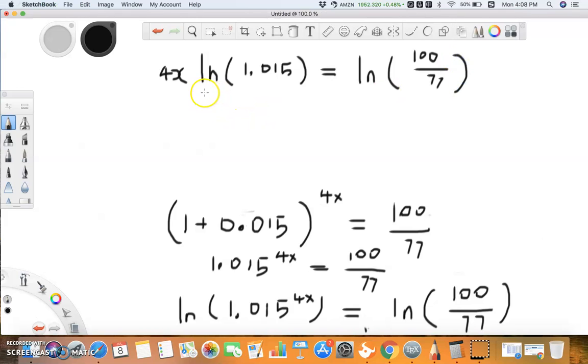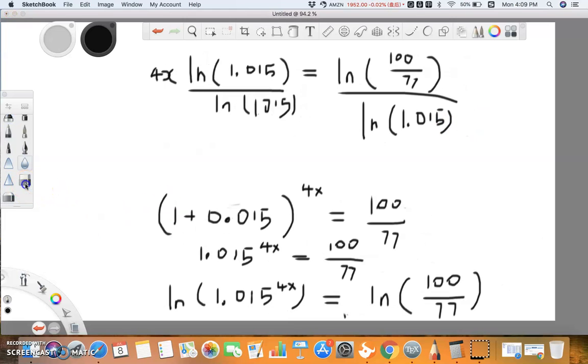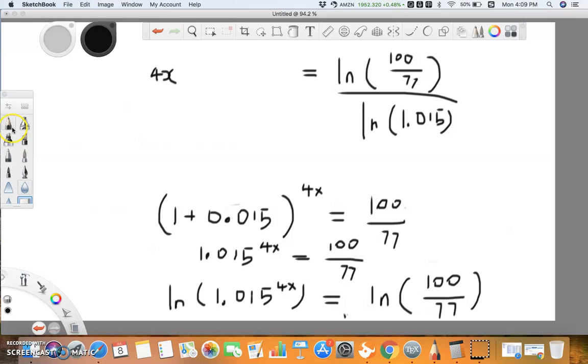Now we divide by the natural log of 1.015. And then we divide by 4 because we only want to solve for x.